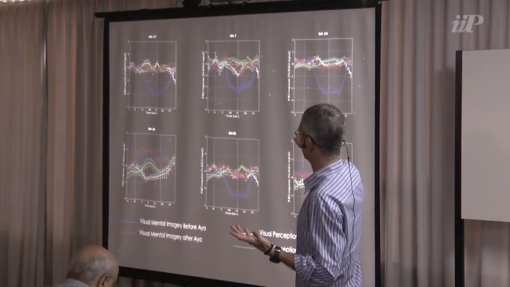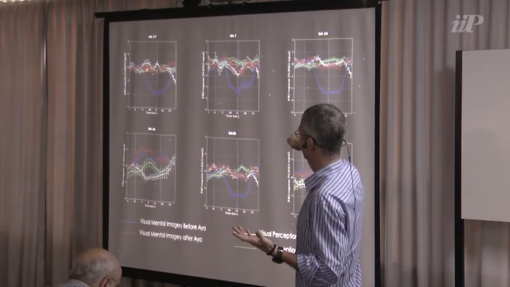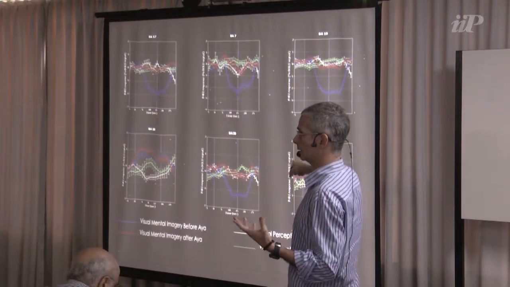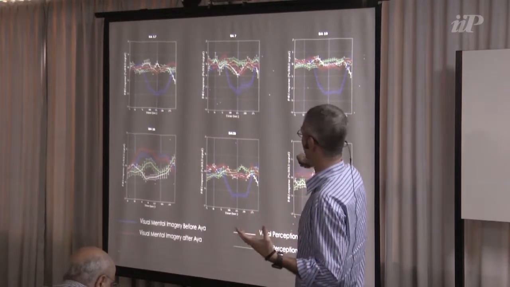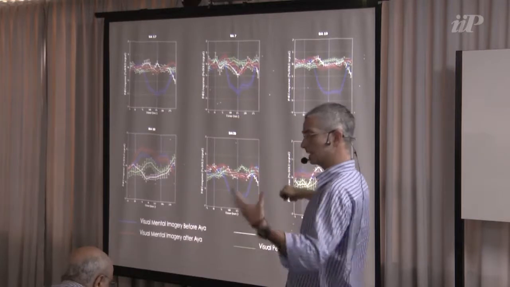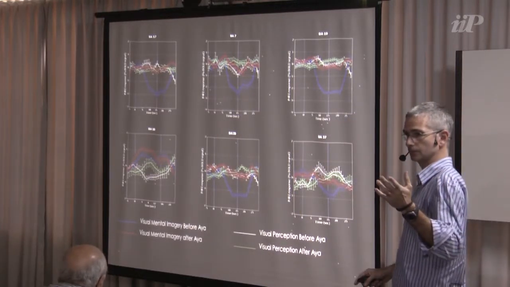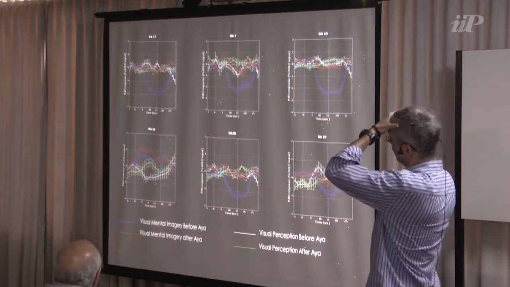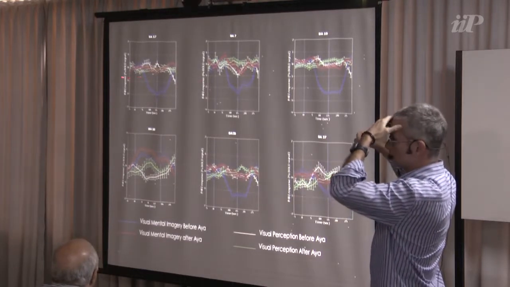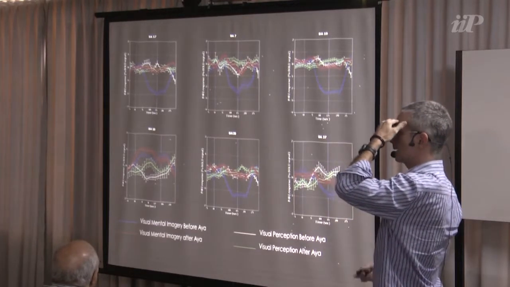So if you look at the imagery part, when the individual is with their eyes closed without the ayahuasca, then you expect a negative signal as compared to the scrambled. All right? If you look at the other three, what do they represent? Perception.